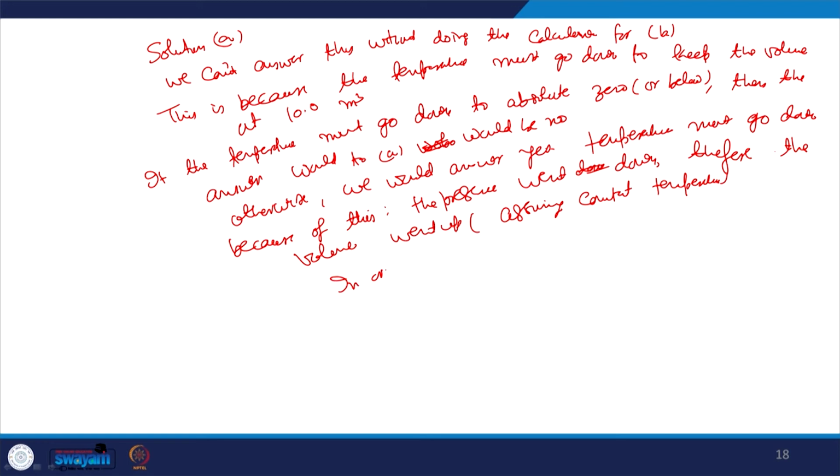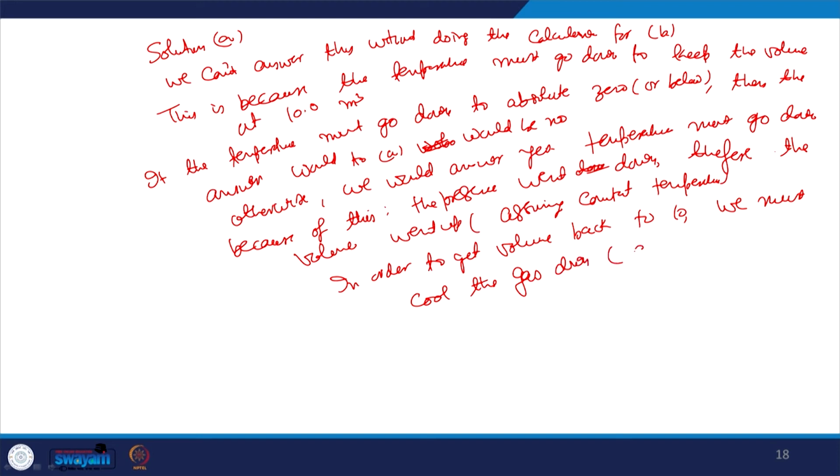Now, in order to get volume back to 10, we must cool the gas down. Let us again take one assumption, constant pressure. Now, we can discuss the solution to part B.